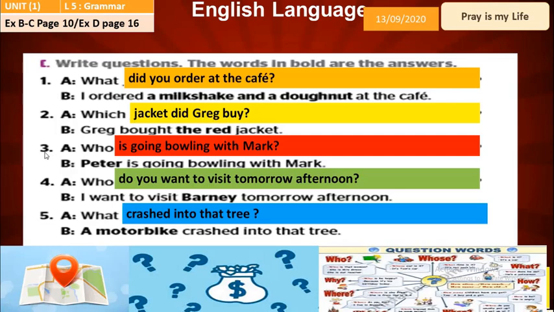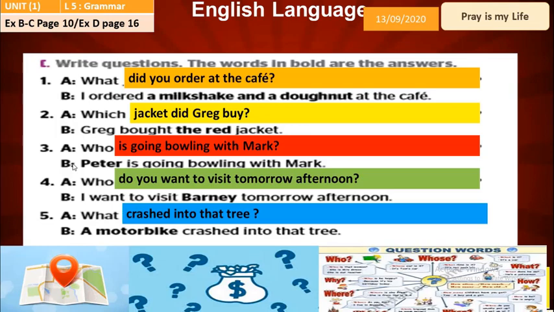The third question is answering about Peter, who is the subject in the sentence, and so I think we don't need to invert anything. We can keep the same order, and the question will be, who is going bowling with Mark?